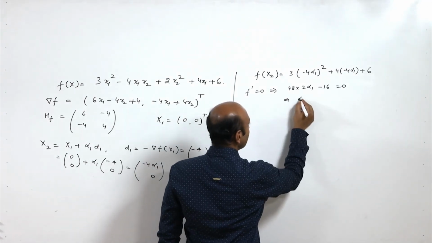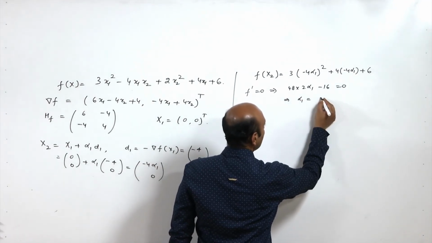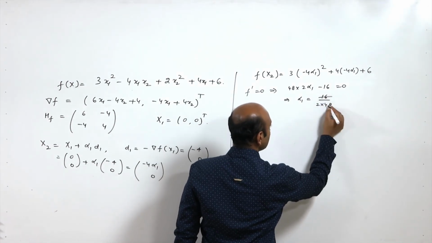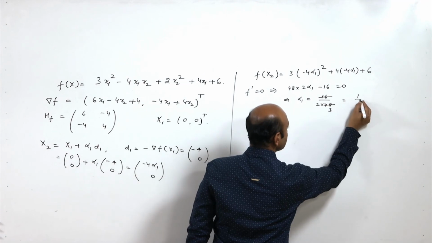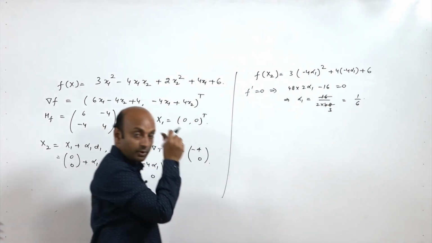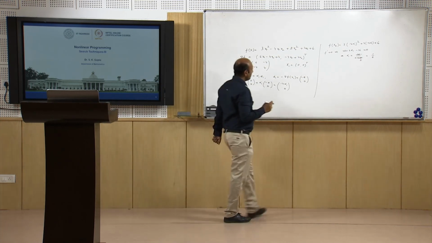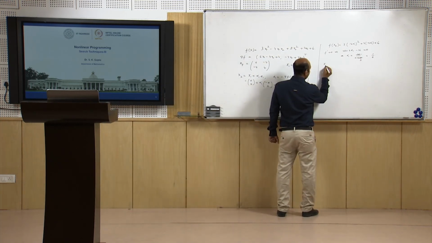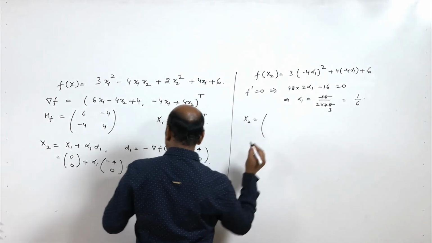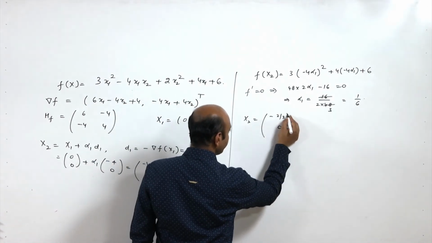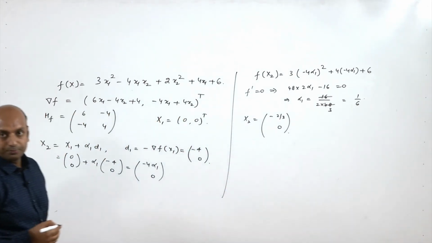So, alpha 1 is equal to 16 upon 2 into 48, that is 1 by 6. What will be x2? You substitute alpha 1 here, it is (minus 2 by 3, 0). So, this will be x2.